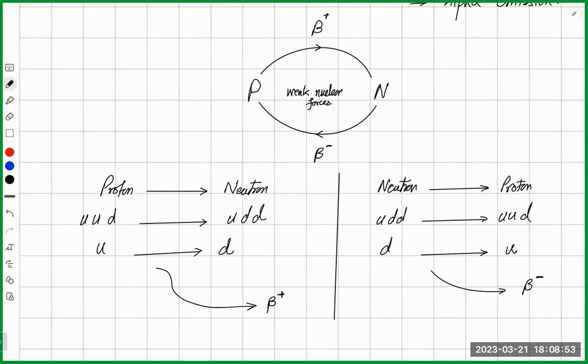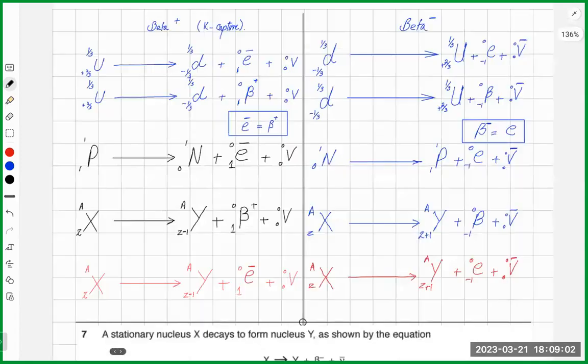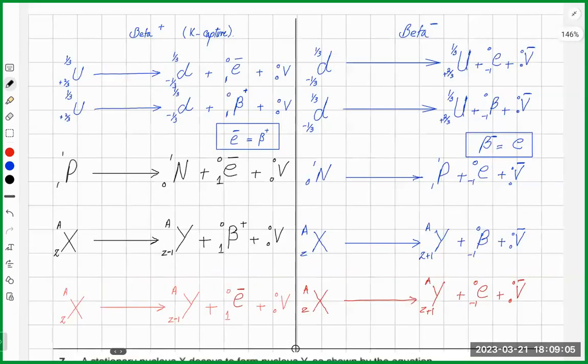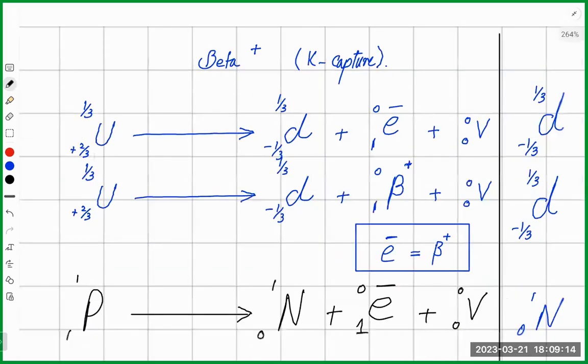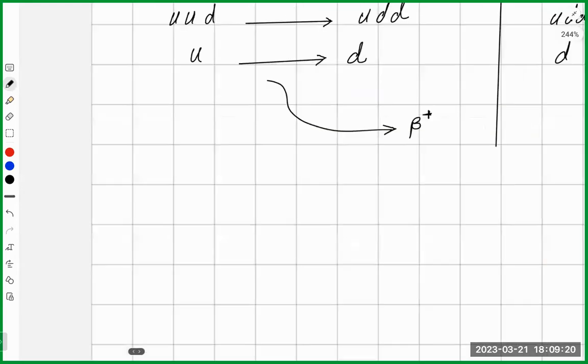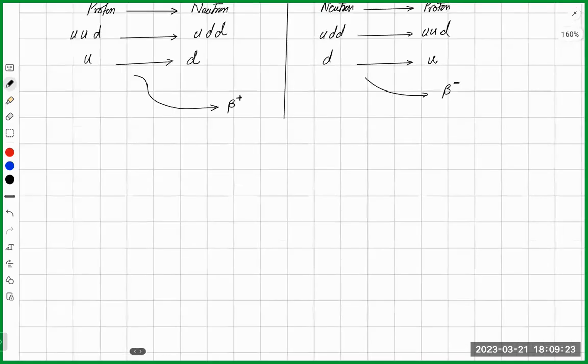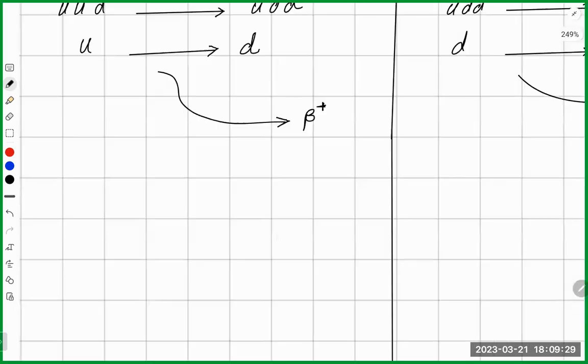Now, how many different ways we can explain this thing? The same process can be shown in all these ways. Let's see. I think they will make more sense if I write them down again. When an up quark converts into a down quark, it is accompanied by positron emission.